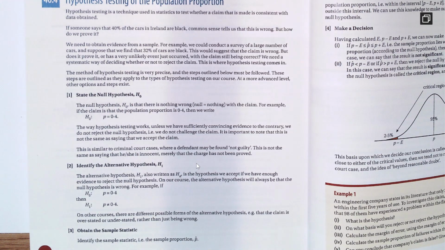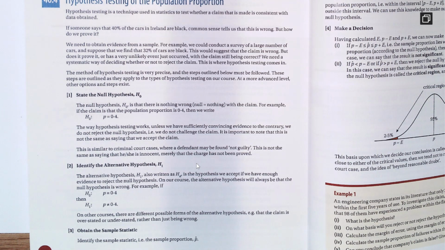Now, the way hypothesis testing works, unless we have sufficiently convincing evidence to the contrary, we do not reject the null hypothesis. Basically, if we're within the interval, we do not reject the null hypothesis. So we do not challenge the claim.